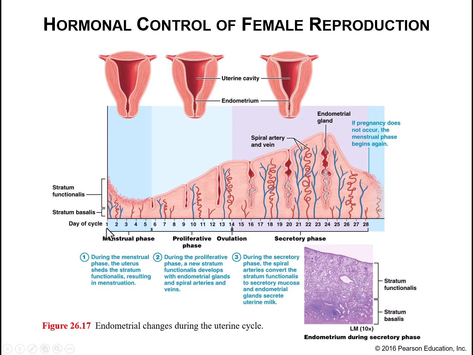Day 1 of our menstrual cycle, or day 1 of our uterine cycle, is our menstrual phase. It lasts for 5 to 6 days. This is when we're sloughing off that stratum functionalis if there has been no pregnancy. And so this is our monthly cycle.